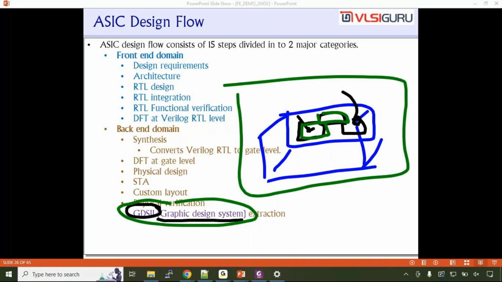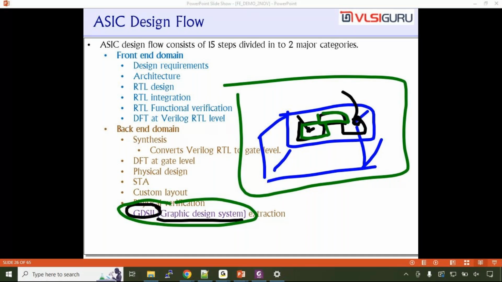You understand what GDS2 stands for? It will tell you like a three-dimensional overview, where the silicon will be, where the metal will come, where the polysilicon will come, how much doping to do, where the substrate will come, where the base will come, everything for each and every transistor.